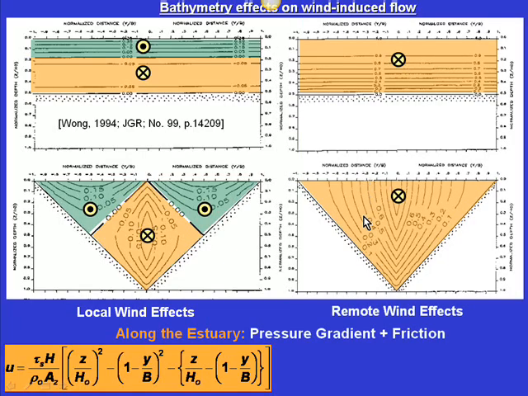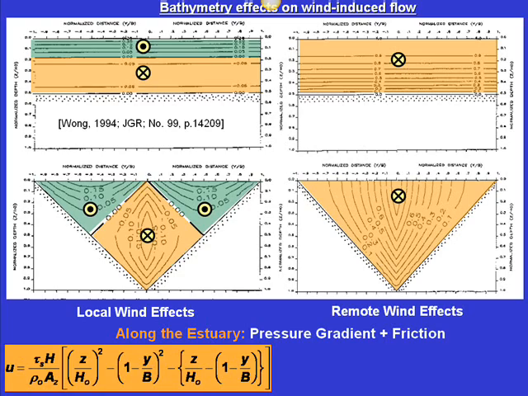That's in contrast to the remote effect that is caused by a sea level increase of setup or a sea level set down. Think of what happens outside Ponce de Leon Inlet or St. Augustine Inlet. When you have the wind blowing from the northeast, what happens to the waters in the lagoon there?